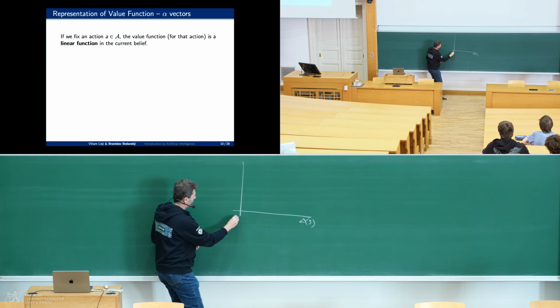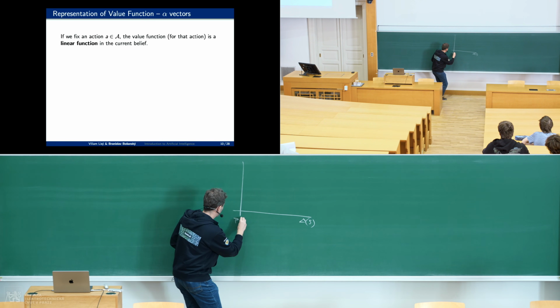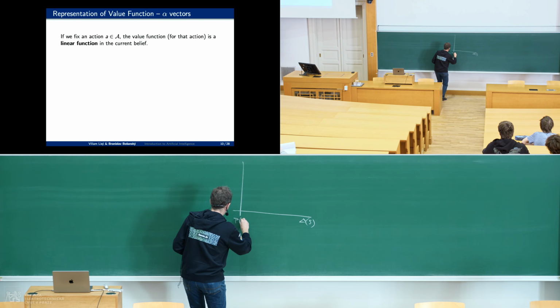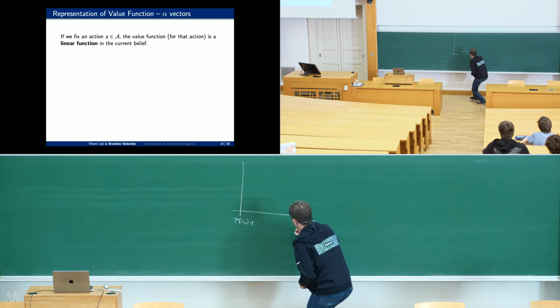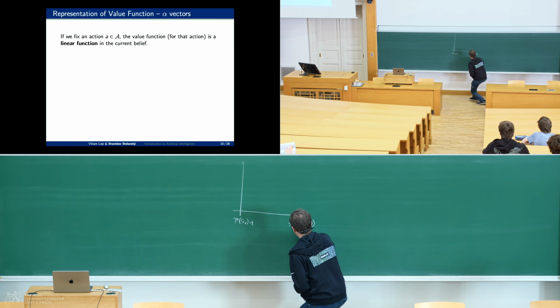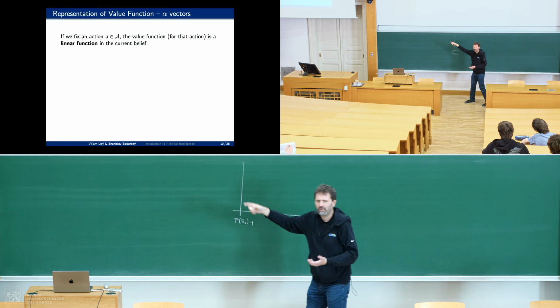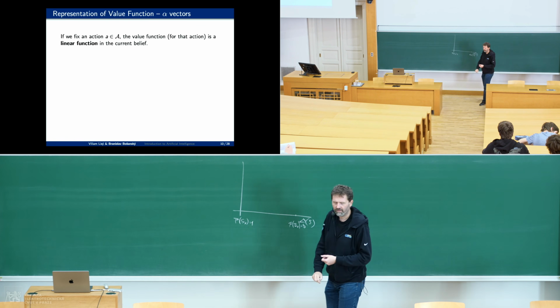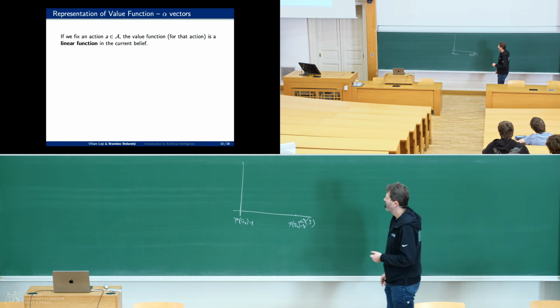Let's say the probability that we are in state S1 is 1 for this node, and the probability that we are in S1 equals 0 for this node, where S1 is, for example, that we are in the bottom lower corner of that maze.